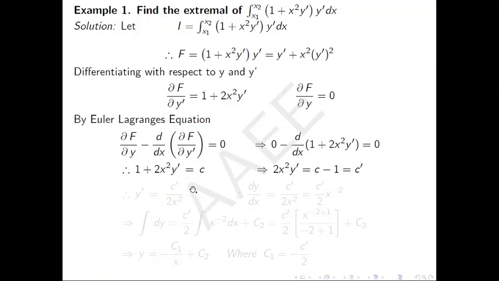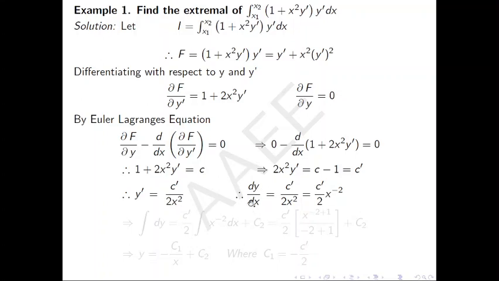It implies that, taking the 1 to the other side, 2x square y dash is equal to c minus 1, and let this term be c dash. In the next step, taking 2x square to the other side, we get y dash is equal to c dash upon 2x square. But y dash is nothing but dy by dx.